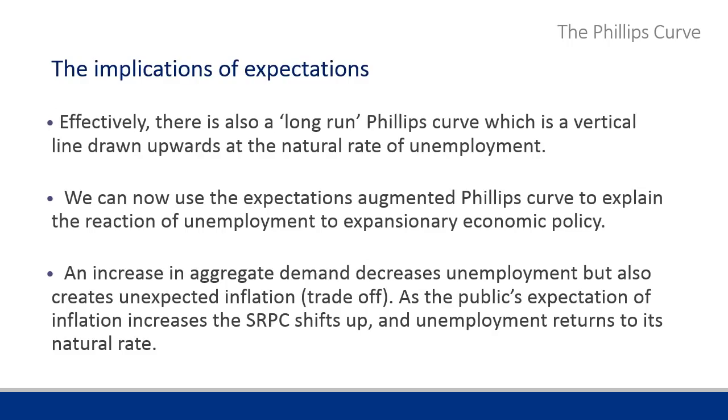Aside from being able to better explain the data, we now have a Phillips curve that can give us some monetary policy analysis. So we'll start off by using an increase in aggregate demand and see how that affects unemployment, and then inflation, to see the short run and long run effect of expansionary monetary policy.